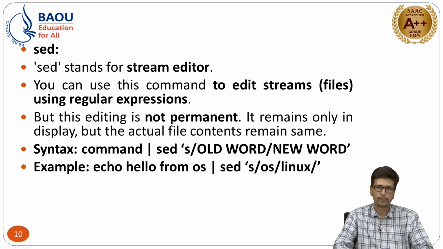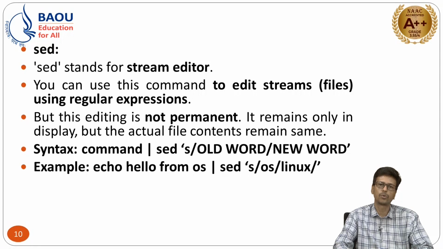This one command will print the content on the screen. That output should be considered as input if you are using the pipeline symbol. So I am using the pipeline, then after that the sed command. The sed command will take the input from the previous command, that is the echo command, and then I am using s. s is nothing but substitution. You want to substitute the OS string with Linux.